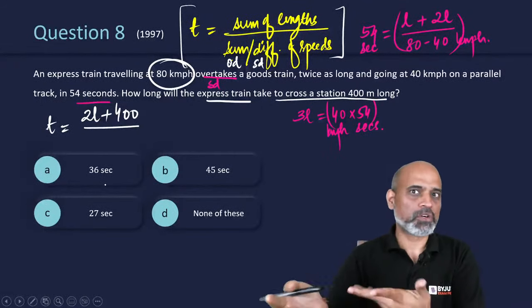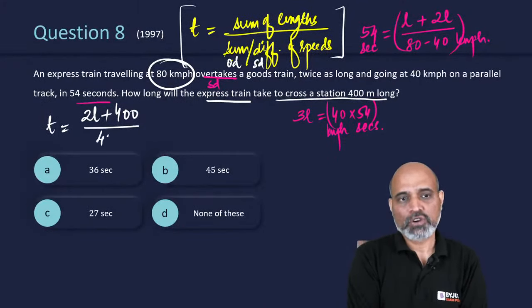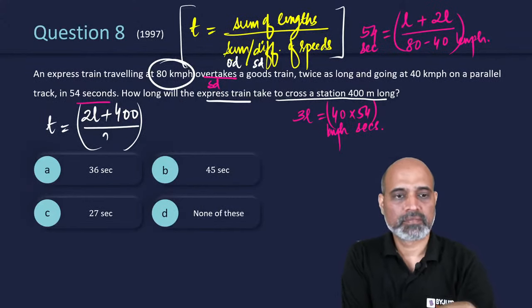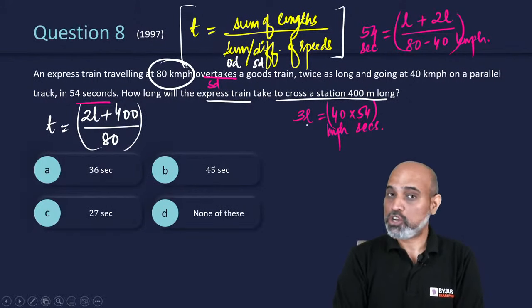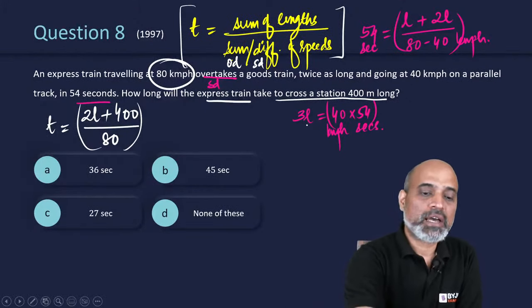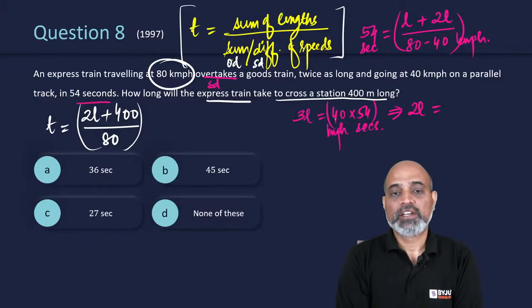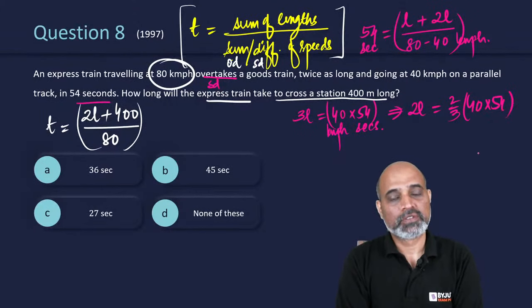The platform has no speed. So there is only one train we have to deal with, which gives us 80. So this is what I need to do. Should I solve L from here? No, I'm going to solve 2L from here. 2L is going to be 2/3 of 40 into 54.